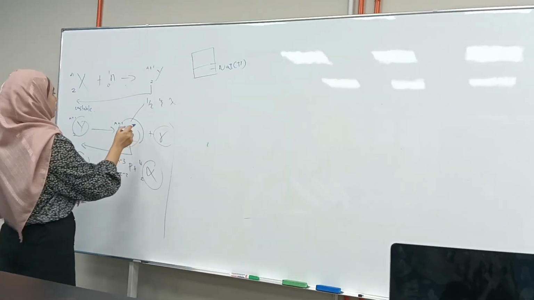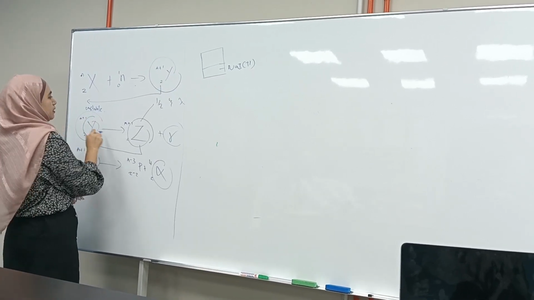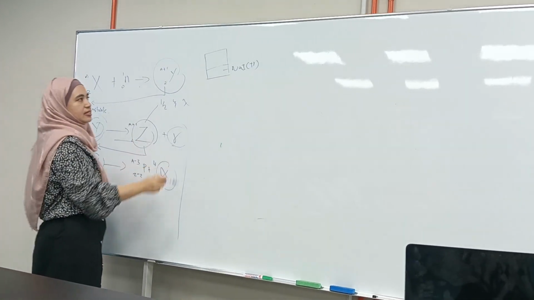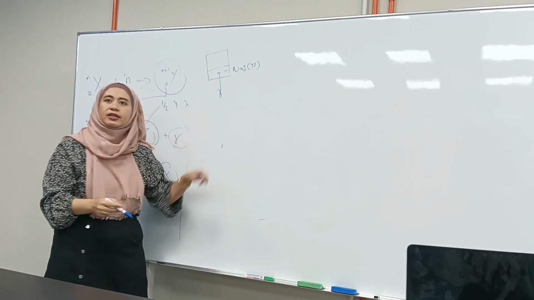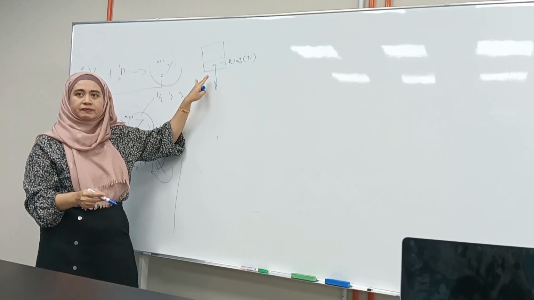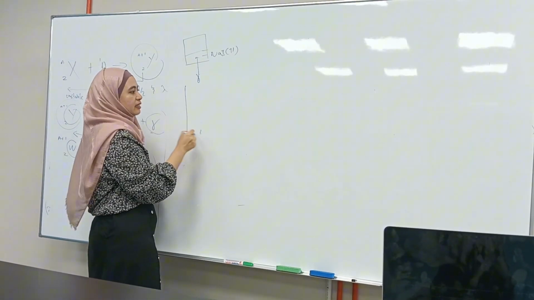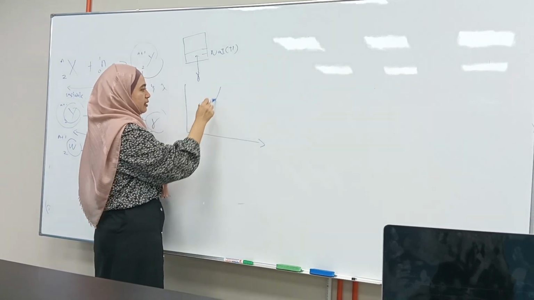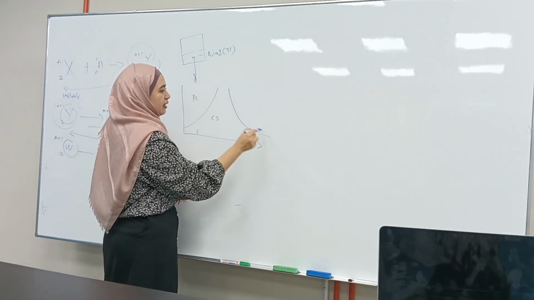Now, if I bring this Y that is unstable, it would decay to Z and release a gamma photon, and the gamma photon would be able to interact with the sodium iodide detector. So what happens as photons interact with matter? It would either be photoelectric, Compton scattering, or pair production.